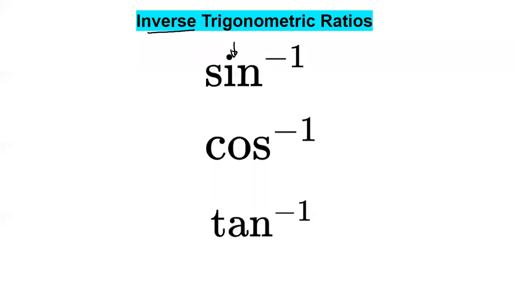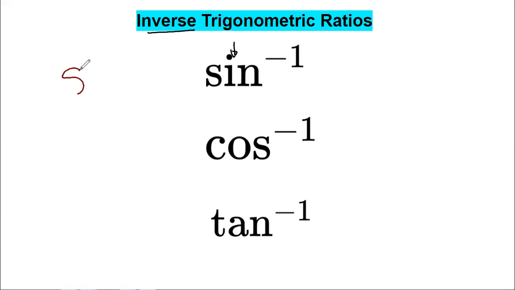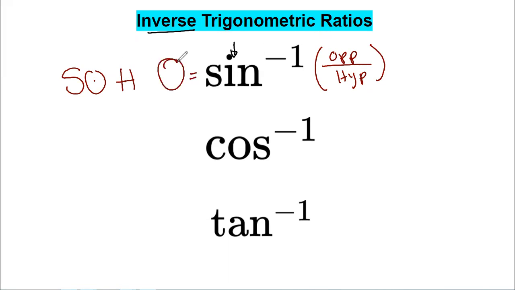Now, you remember what sine stands for, right? Opposite over hypotenuse. Therefore, instead of being next to theta, it's going to be next to our ratio, and our ratio is opposite over hypotenuse. As a result, we have our angle measurement.